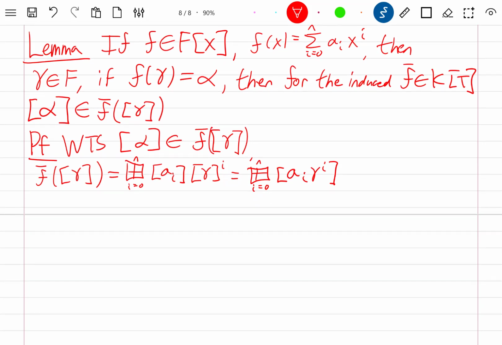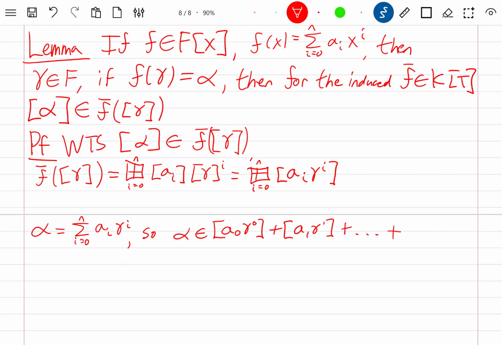Then the observation that we make is that alpha is equal to the sum from i equals 0 to n of a_i gamma^i. So alpha has to be in the set sum of the a_i gamma^i.